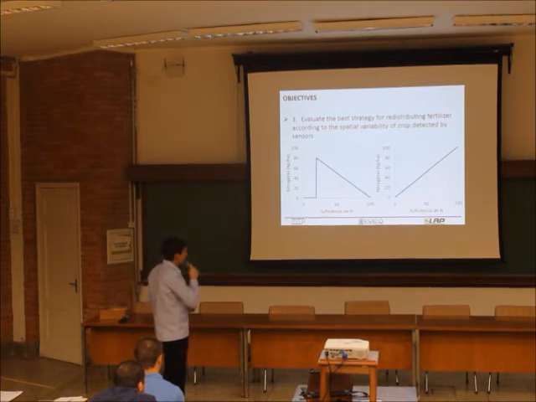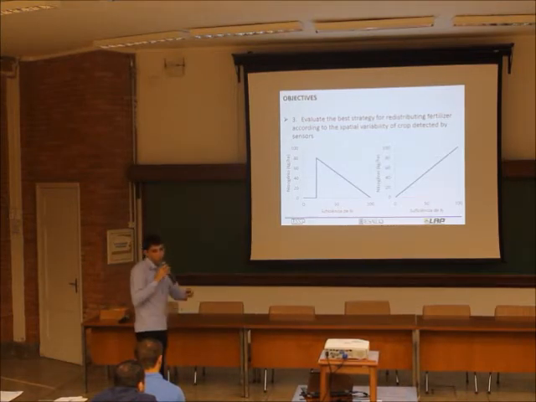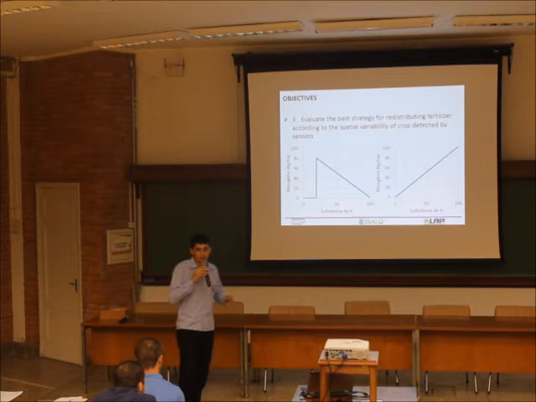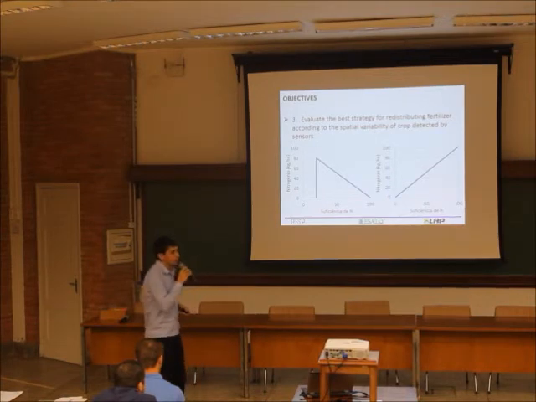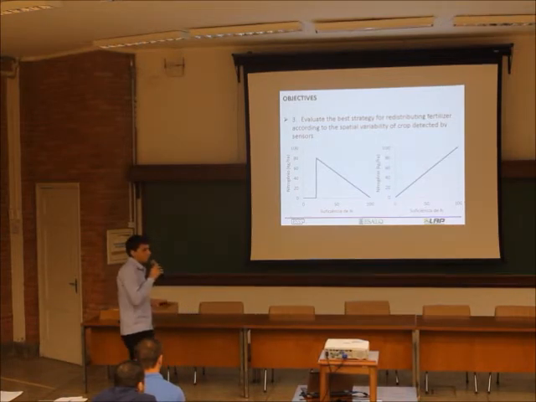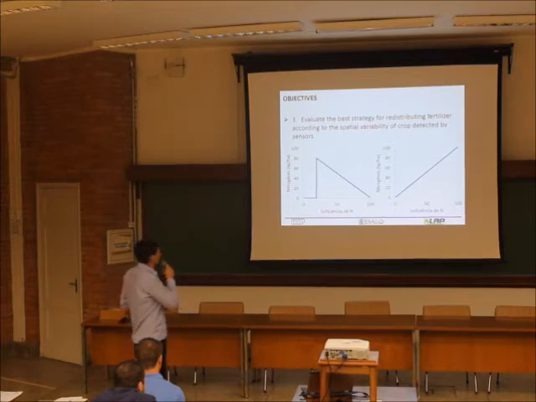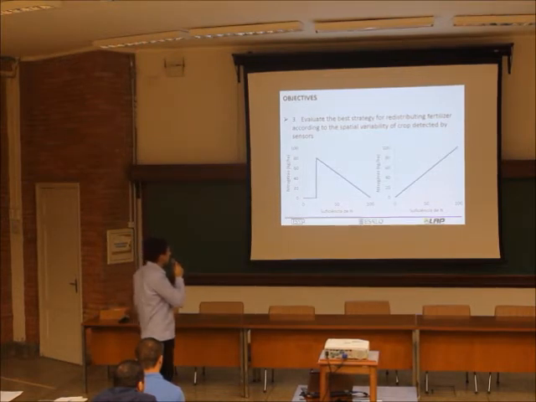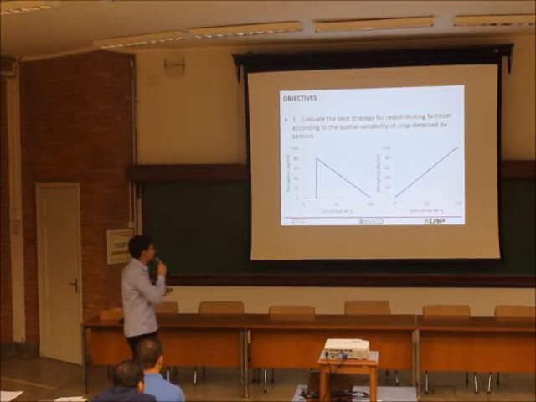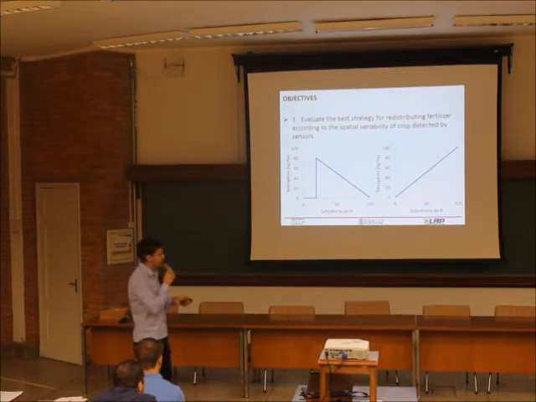As Lucas already said about sugarcane, we need to test which strategy is best. The third objective is to evaluate the best strategy for redistributing fertilizer according to the spatial variability of the crop detected by sensors. I put these two pictures here, the two main ideas.